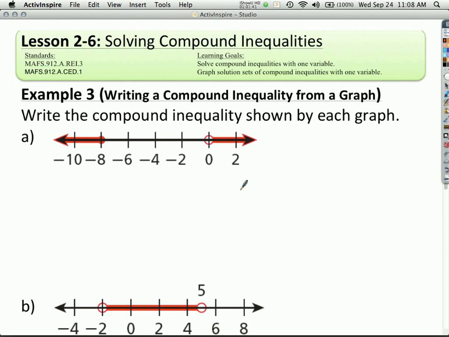Marcus? It's going to be an or. So watch what you can do. See the dots? See the number? Start by writing down those numbers. -8, 0. Now, where is the shading? That's where the x goes, right? So the x is going to go over here, and this x is going to go over here.